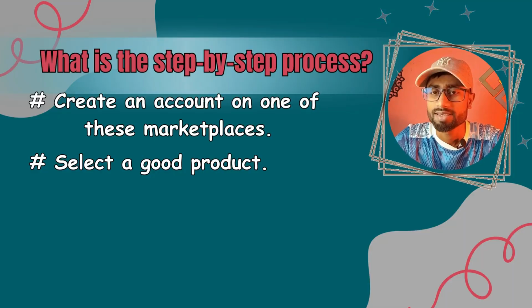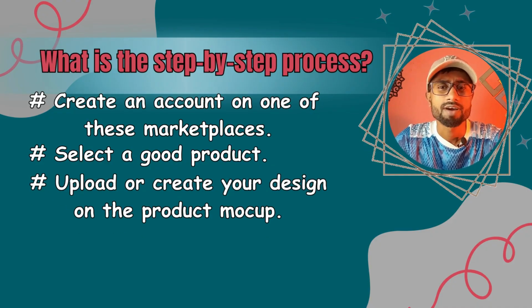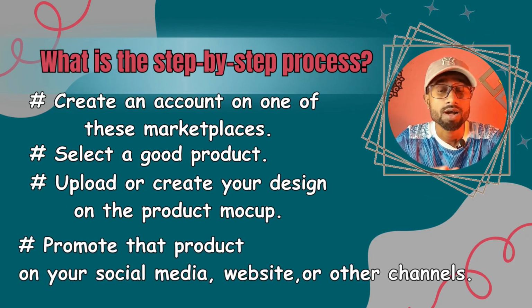Before selecting, check all the details, available colors, fabrics, sizes, and base price. Then, upload or create your design on the product mockup. And finally, promote that product on your social media, website, or other channels. When someone orders, the POD platform will print the product and ship it directly to the customer. Remember, the product is only printed after the order is placed.